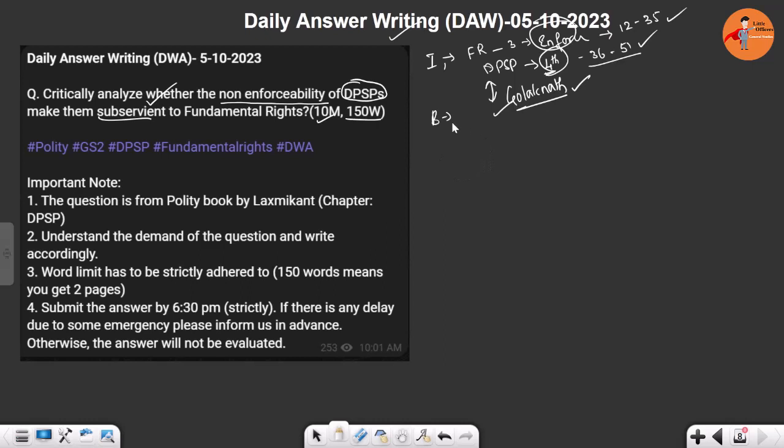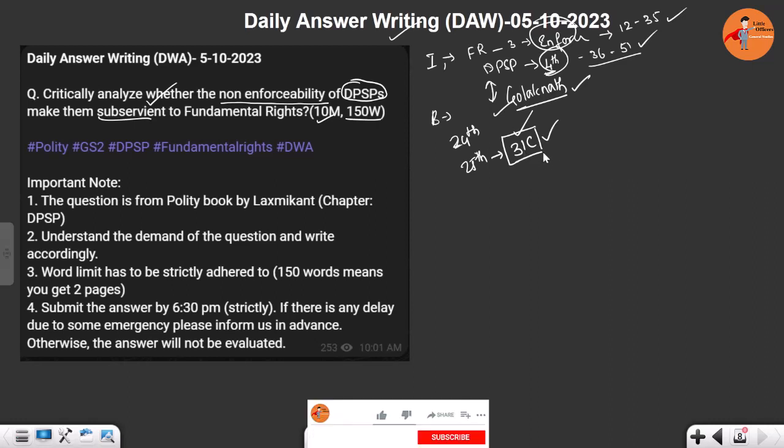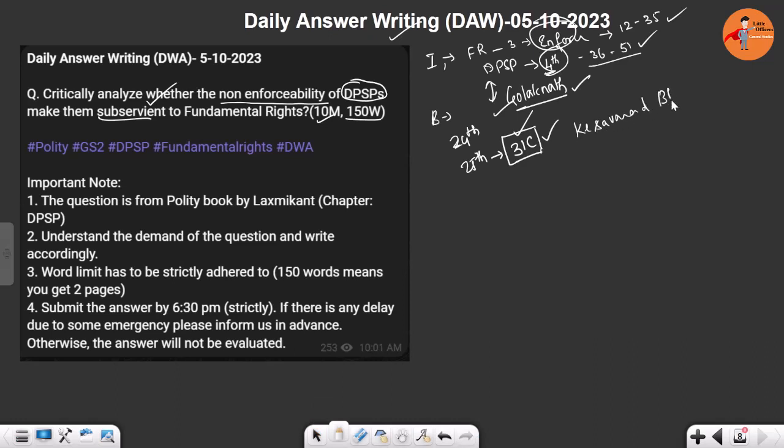Parliament made the 24th and 25th amendments, and in the 25th amendment it introduced Article 31C, making an exception that in order to implement directive principles of state policy they can amend these fundamental rights. Of course some provisions of it were struck down, and some provisions were validated in the famous Kesavananda Bharati case. All this information I'm giving you, you can represent in a flow chart in the body itself.